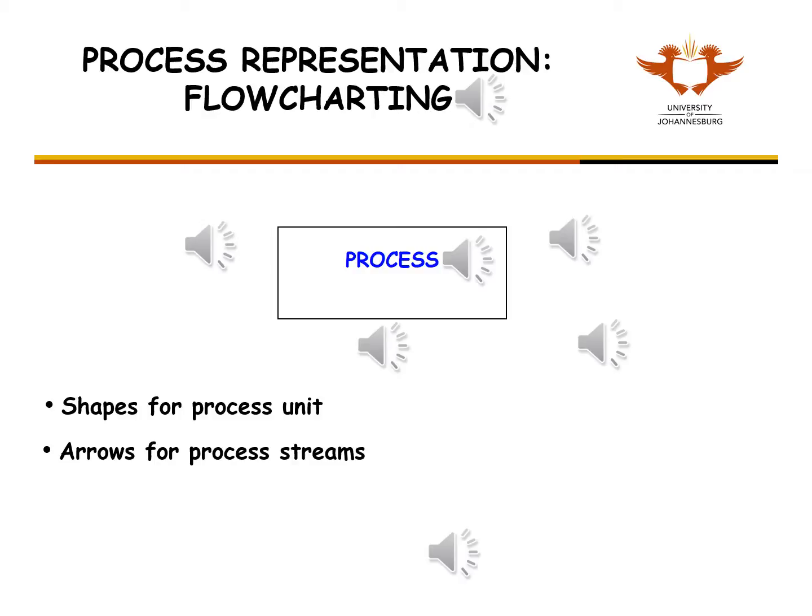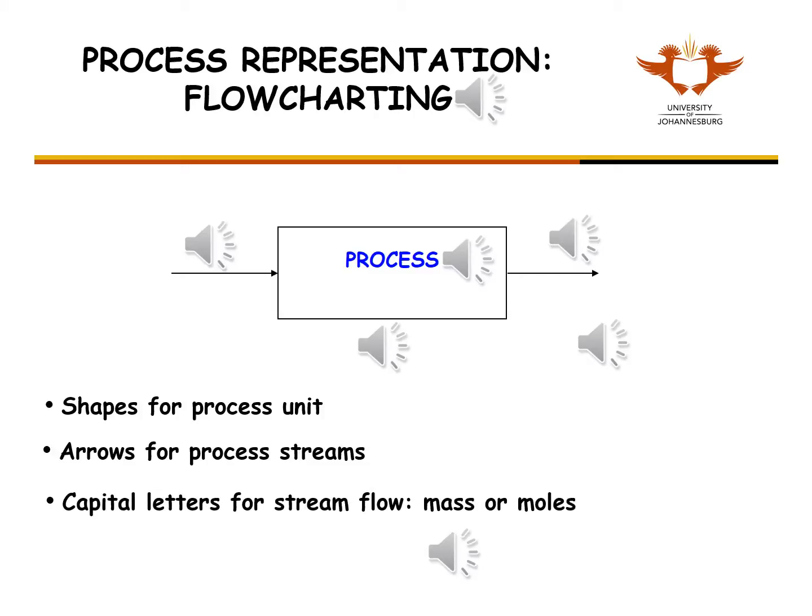And for the product stream. For the feed, use capital F, and for the product, use capital P. Draw a dotted box for the mass balance boundary.